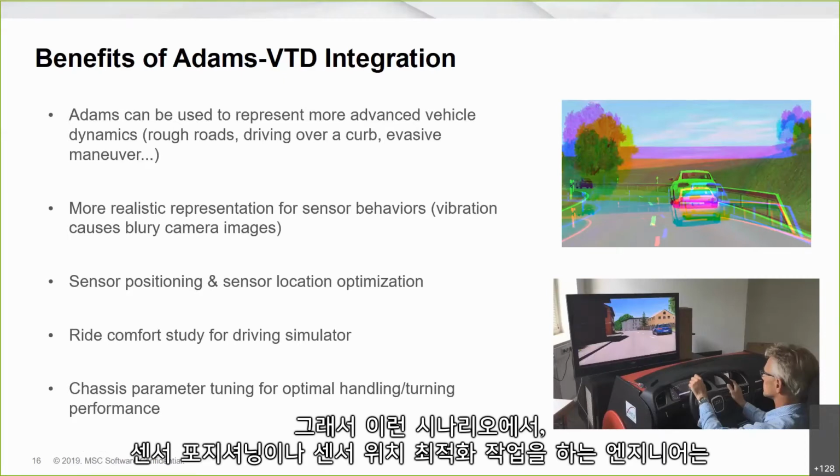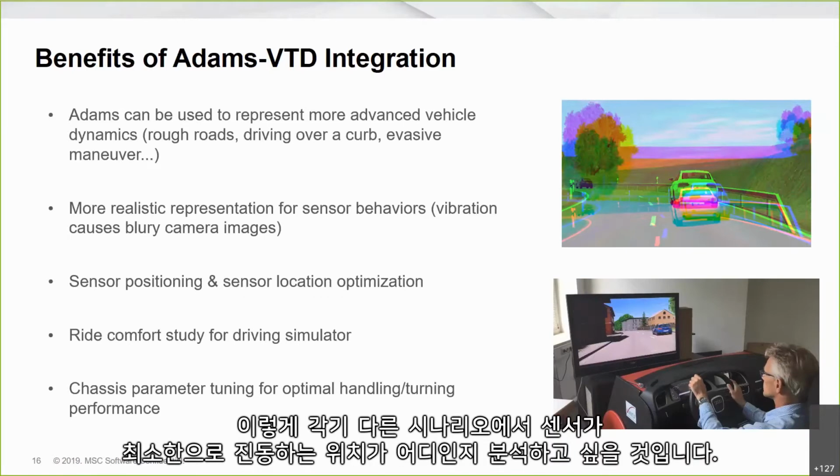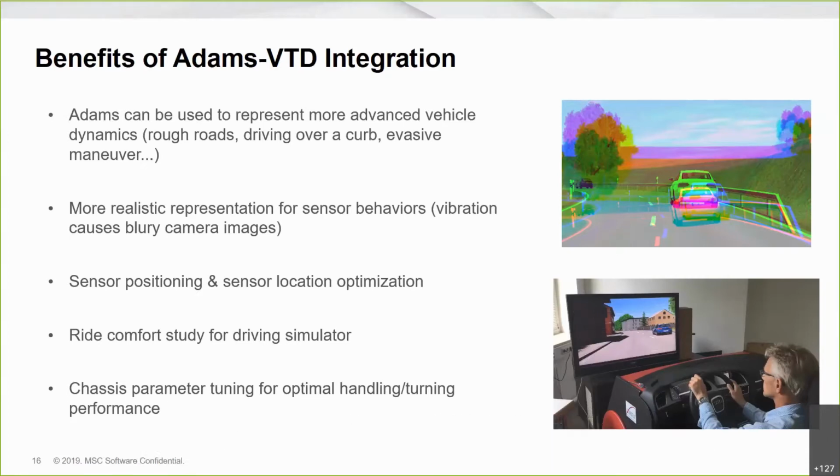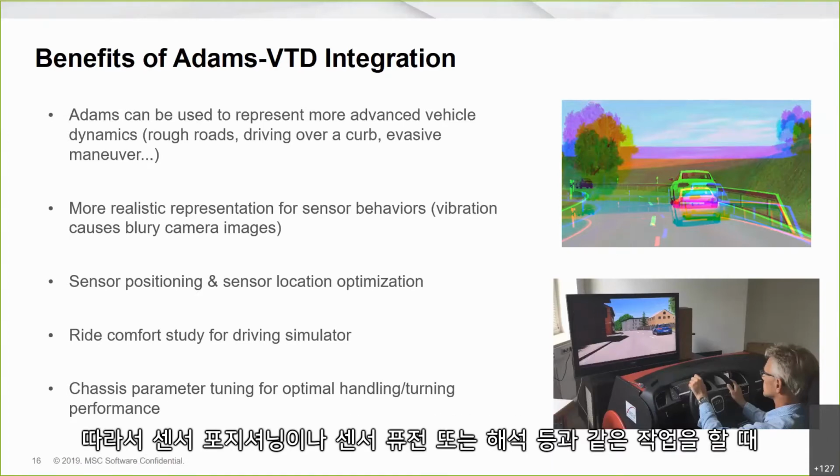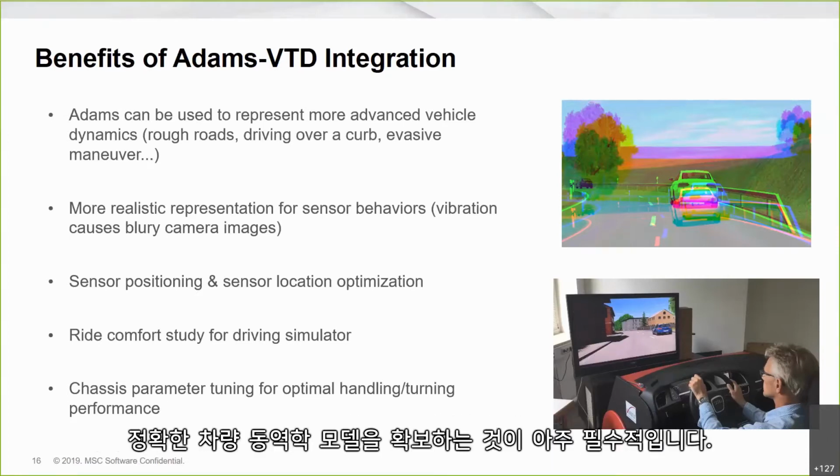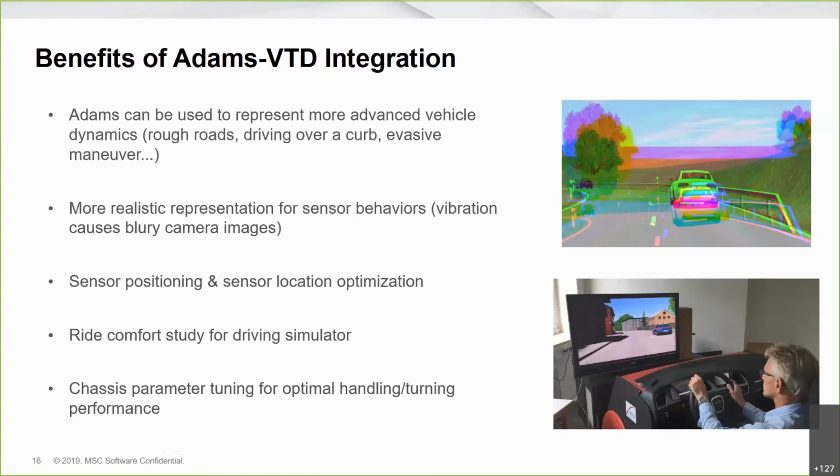So in these scenarios, an engineer who works on sensor positioning or sensor location optimization might want to analyze which location to mount the sensor will have the least vibration in all these different scenarios. Having an accurate vehicle dynamics model is essential for those tasks, for example sensor positioning or even sensor fusion or interpretation.